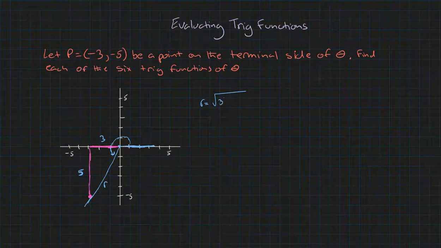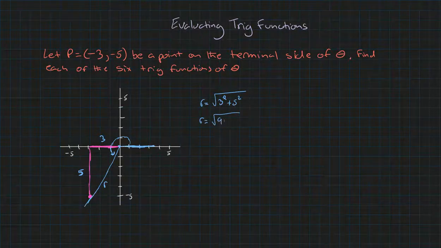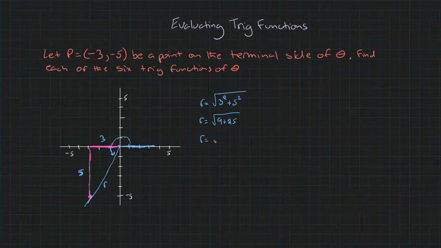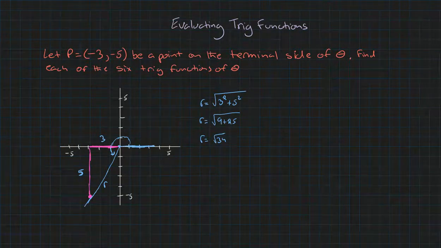So r is the square root of 3 squared plus 5 squared, which is 9 plus 25. So r is equal to the square root of 34. It doesn't look like I can rationalize this. So we officially know r is square root of 34.